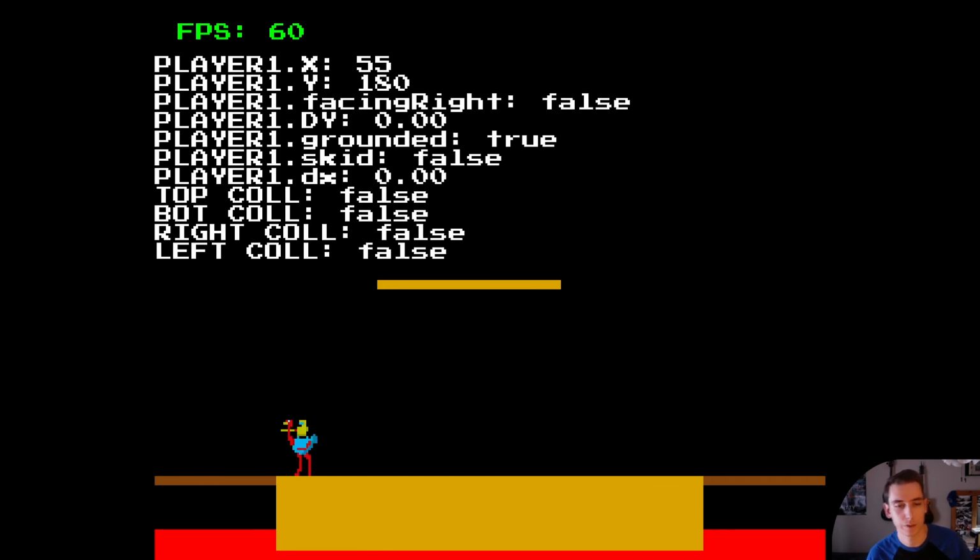I'm holding both directions there. So right now, it only goes in the direction that I'm not currently facing. Like if I'm facing left, I can't go left. If it's facing right and stopped, I can't go right.